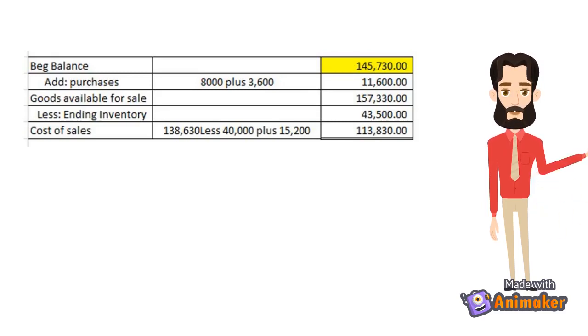Since we know the ending inventory is 43,500 units, by adding it back to the cost of goods sold of 113,830 we get the goods available for sale of 157,330 units. Then we deduct the purchases for the month of December of 11,600 units. We can now solve the beginning, or the November, inventory balance of 145,730 units.